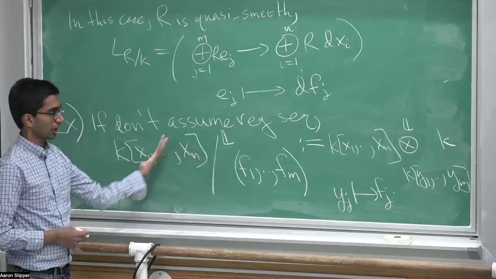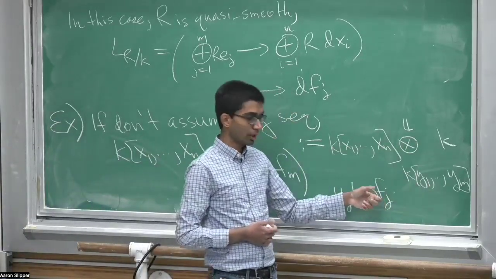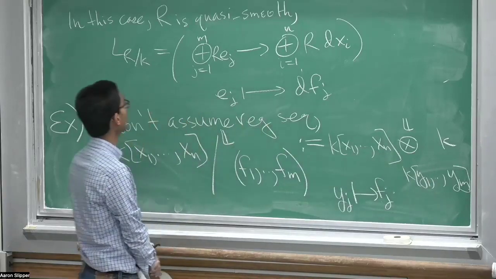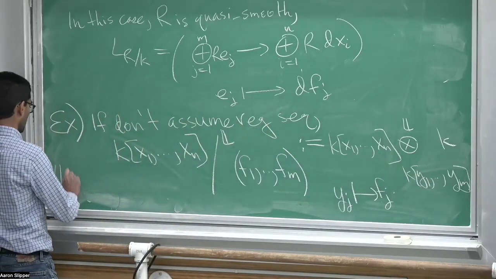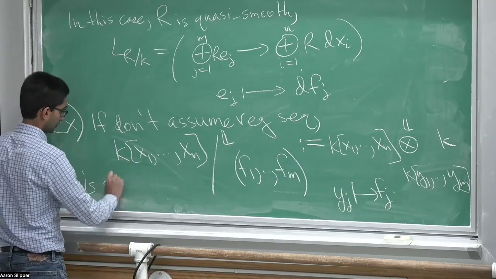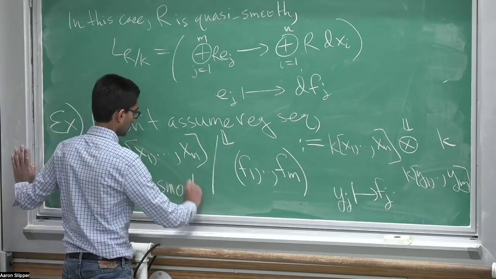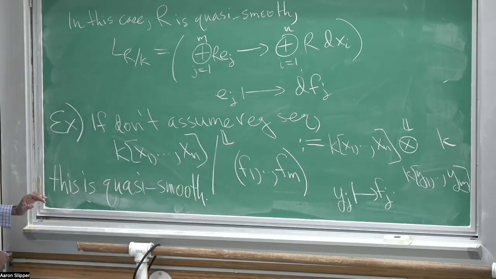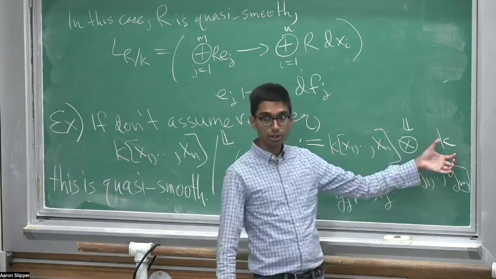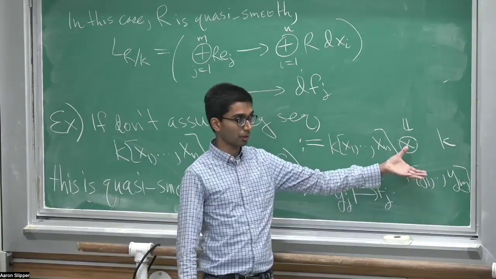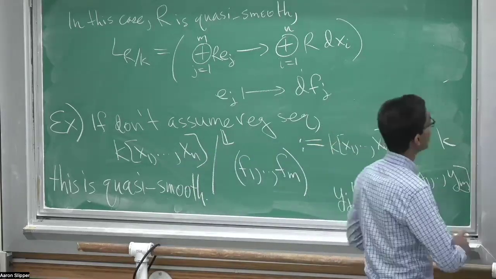Explicitly, this is the Koszul complex as a chain complex on f1 through fn. Then this is quasi-smooth, and if f1 through fn does not form a regular sequence, then this will be genuinely non-classical.